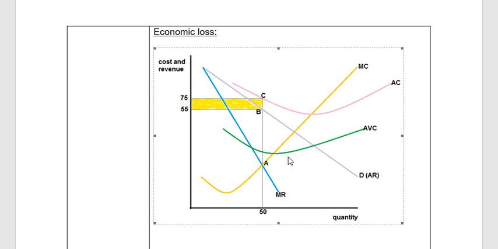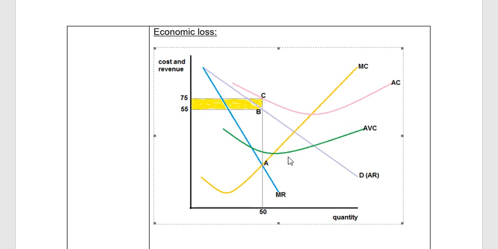So it doesn't help for him to shut down temporarily while the market has to fix the price. He is the market. He is supposed to fix the price. So by shifting his demand curve, he will be able to increase the price so that it's higher than his AVC, and then he won't shut down. He will eliminate the economic losses in the short run by changing the price because he has market power. He can do this.